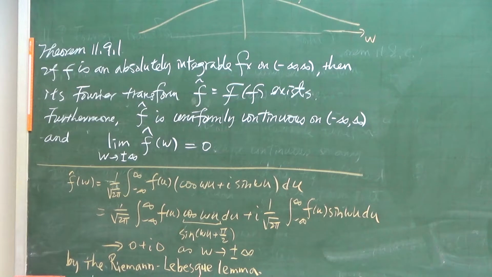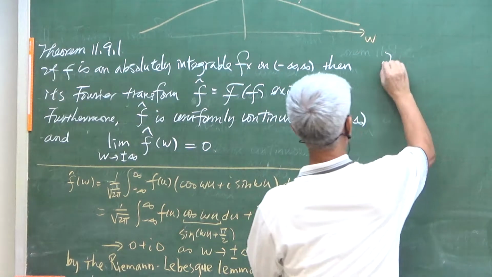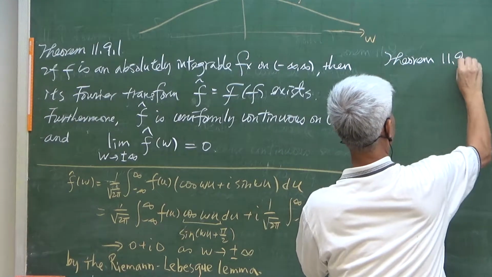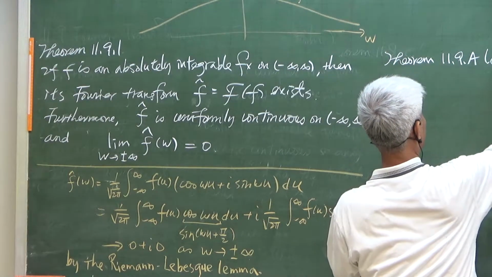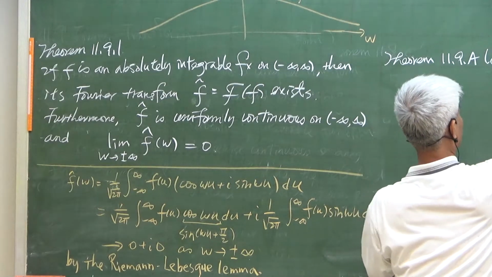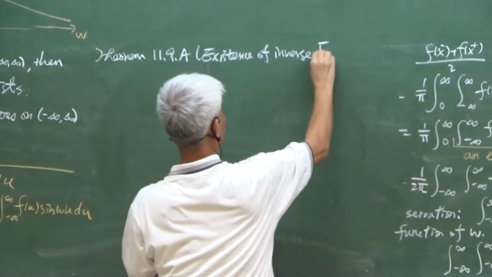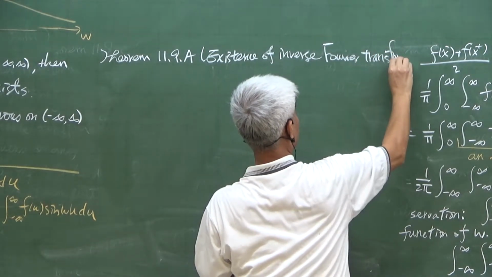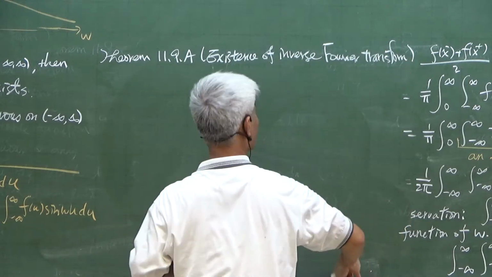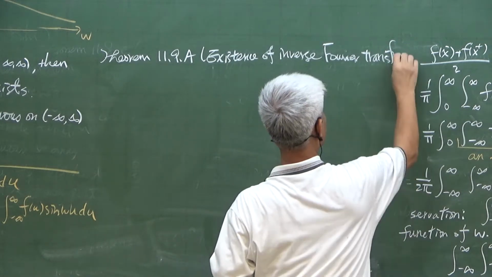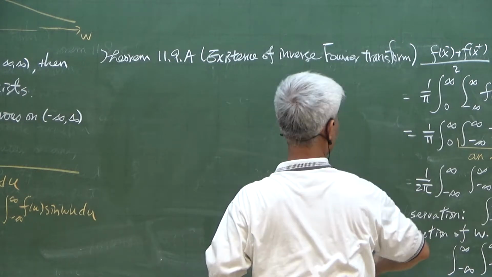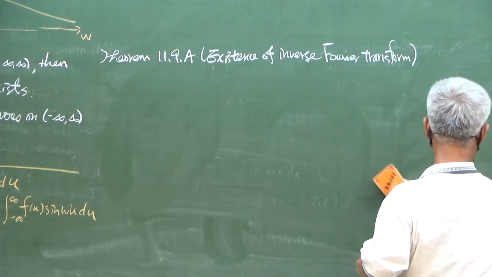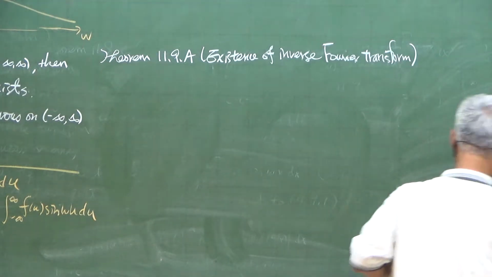This means something. From the Fourier integral theorem, we have the existence, actually, this is the existence of the inverse Fourier transform. So the importance of the Fourier integral theorem is that it gives you the existence of the inverse Fourier transform.